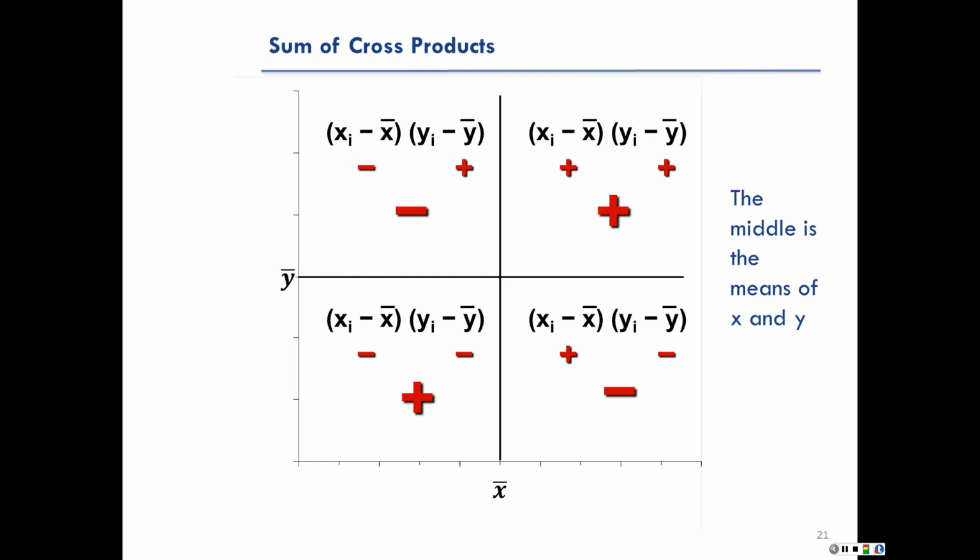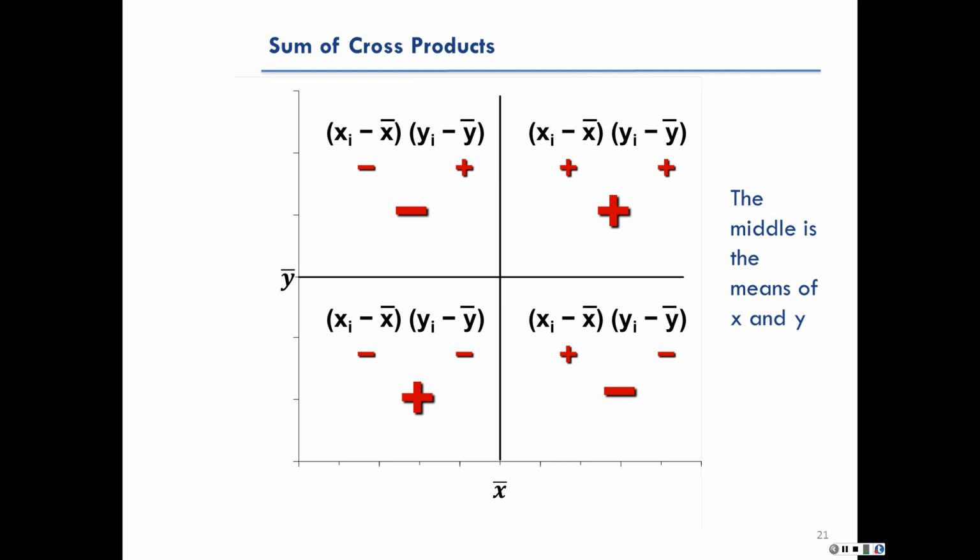If it's negative, you're going to see values that tend to fall into the upper left and lower right hand side of this coordinate system in the graphic if we're displaying y and x. And so the straight lines here are the mean of y. The middle is the mean of x and the mean of y.